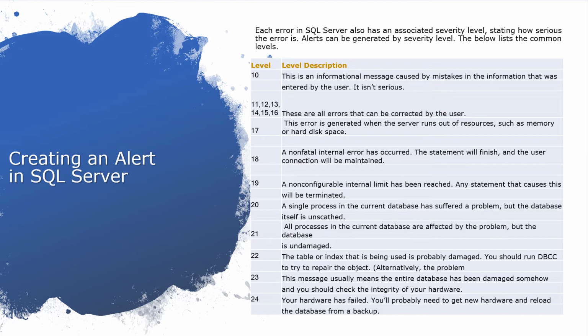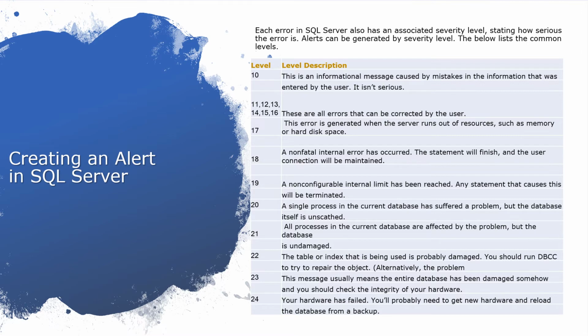19: a non-configurable internal limit has been reached. Any statement that causes this will be terminated. 20: a single process in the current database has suffered a problem, but the database itself is unscathed. 21: all processes in the current database are affected by the problem, but the database is undamaged. 22: the table or index that is being used is probably damaged.